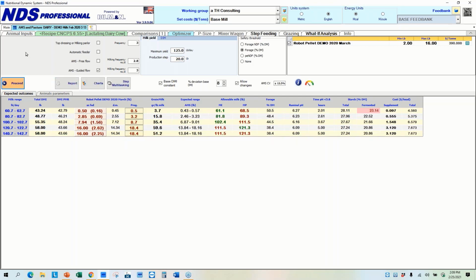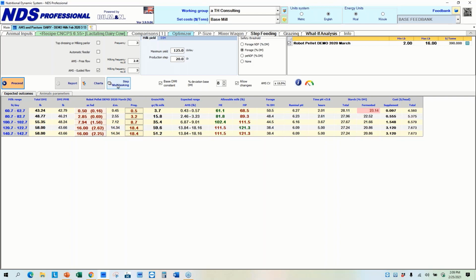The idea that came up from a producer or a user, sorry, I guess he does milk a few cows. You know who you are there. But his idea was this is not the same cow, which got us into this animal parameters, but also got us into the multi-step function, which really is a different function inside of NDS.